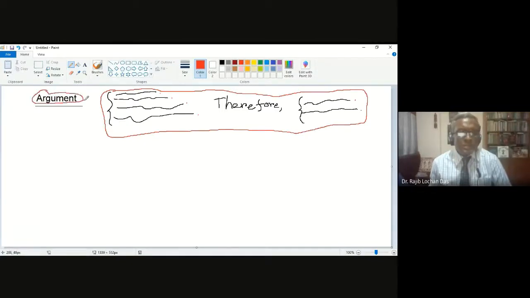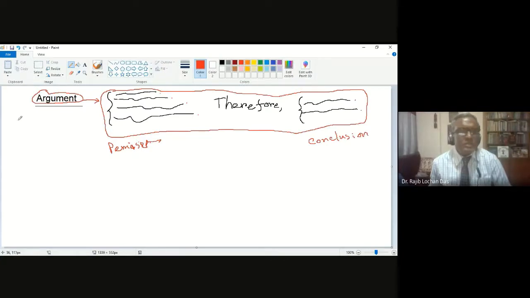So it is the structure, and the left side is called premises, and the right side is called conclusion. Premises is the word I used earlier.